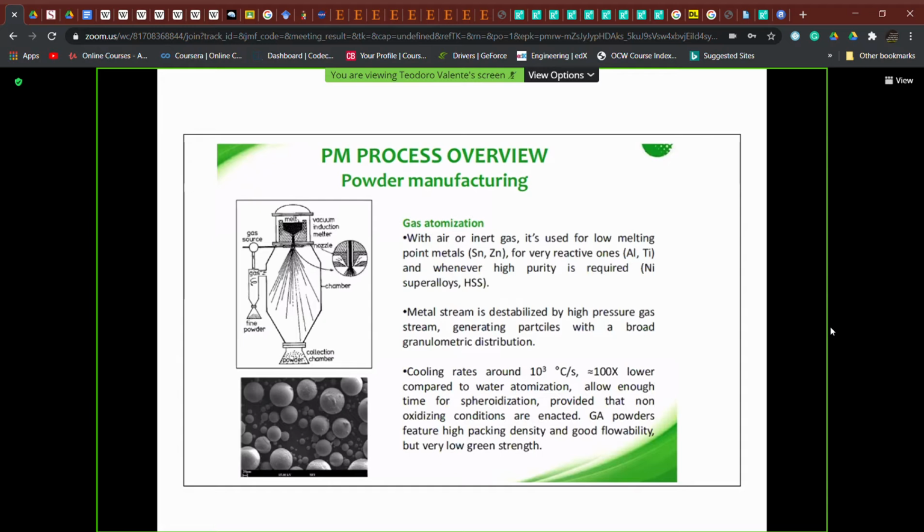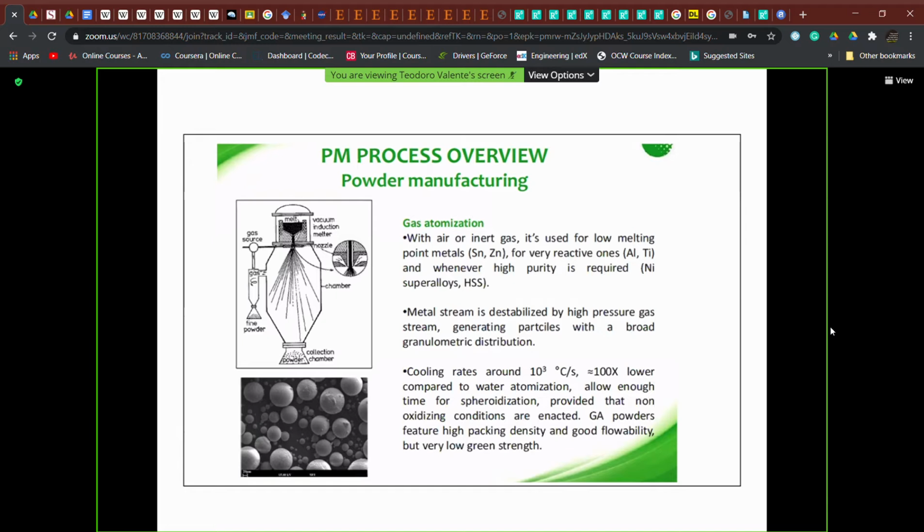In this case, the metal stream interacts with a high-pressure gas stream, and so also in this case particles with a very wide granulometric distribution are formed. But if we compare this technique with the previous one, the water atomization, in this case we have cooling rates which are 2 orders of magnitude lower than water atomization, more or less around 10^3 Celsius per second.